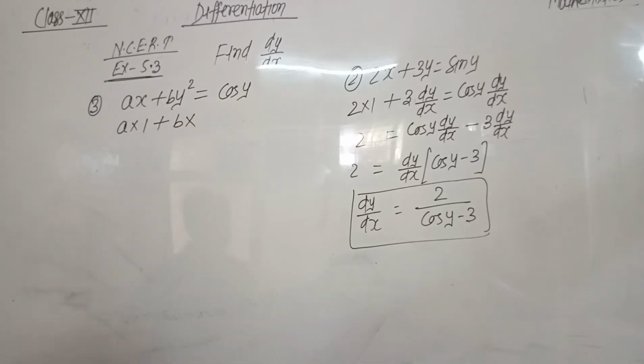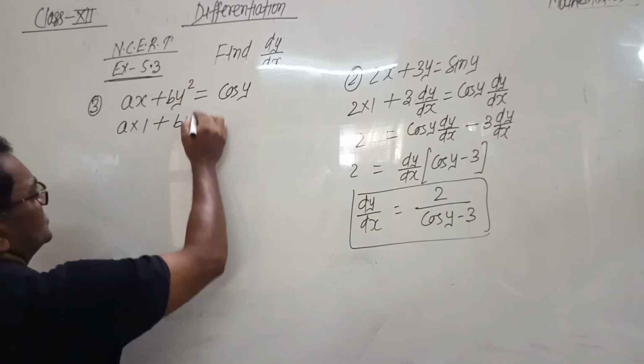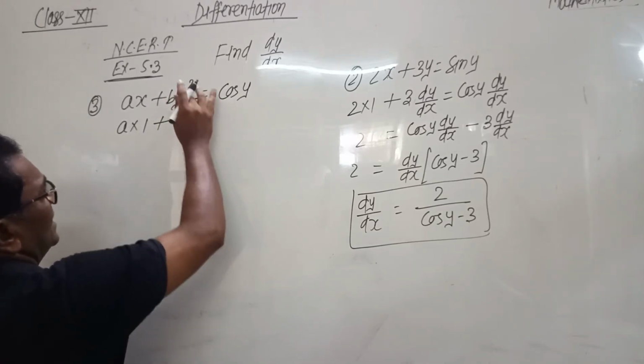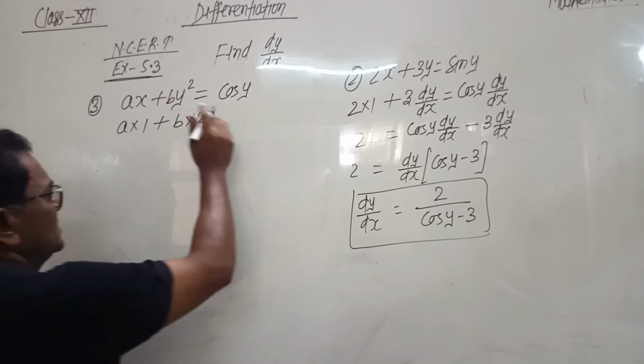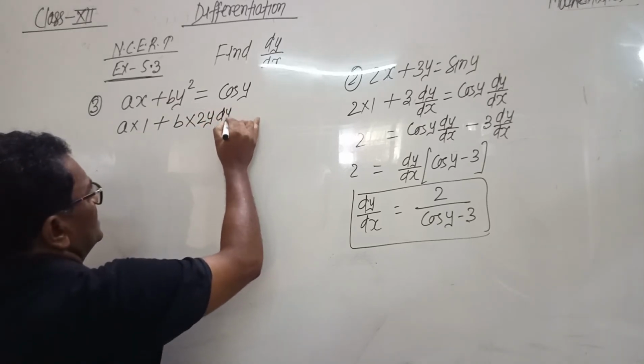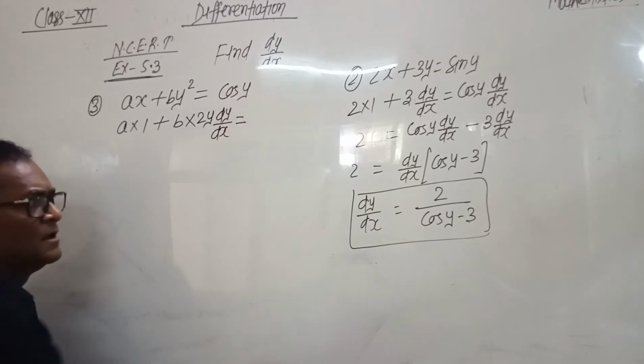Differentiation of y square will first be done on the formula x raised to the power n. So differentiation of y square is 2y. Now remove the square, drop the square, and differentiate y with respect to x. So differentiation of y with respect to x is dy by dx.